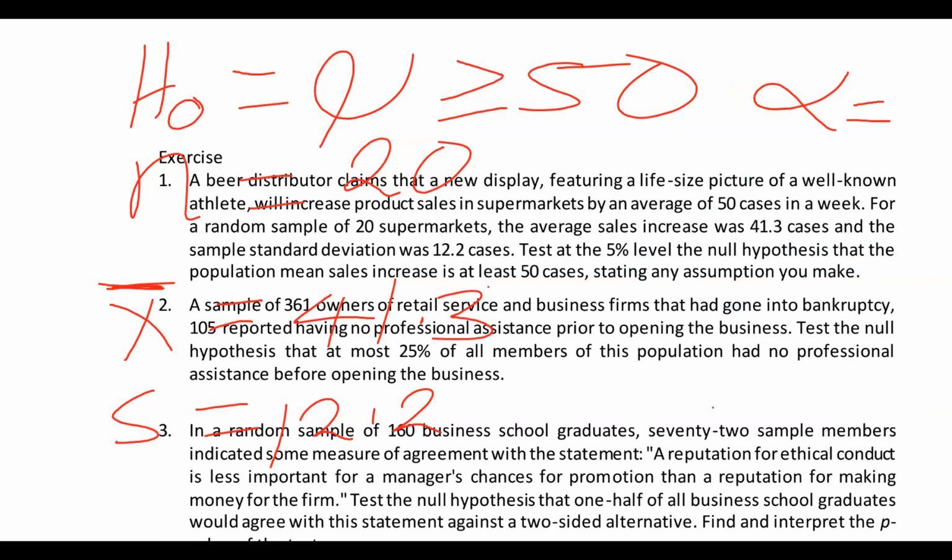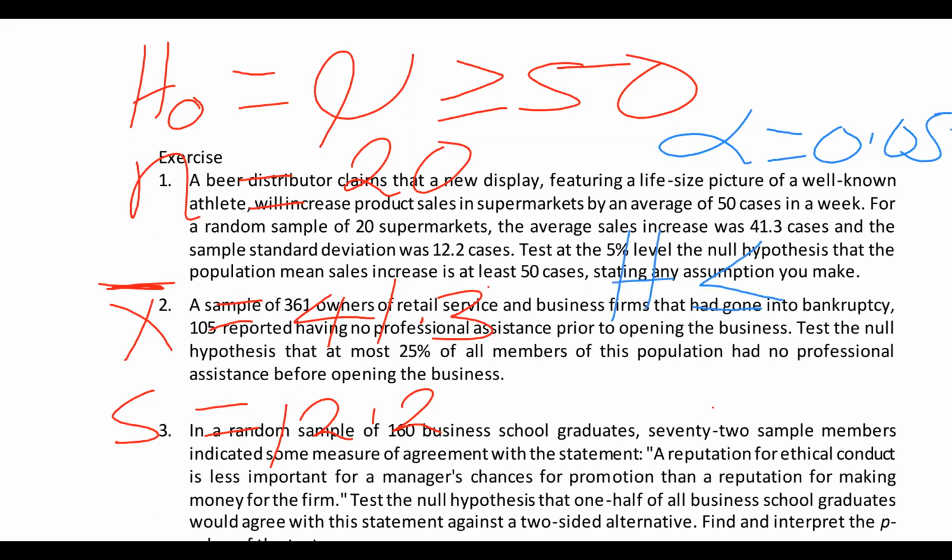Okay, what's our alpha? 0.05. Now look at this one. You need to assess how your data is distributed. These people are saying that mu is greater or equal, which means your alternative hypothesis would be that it is less.